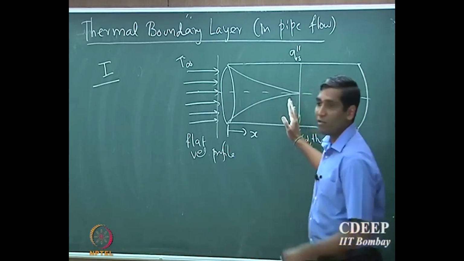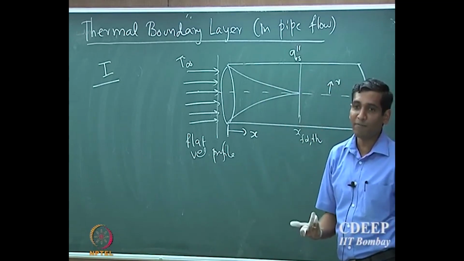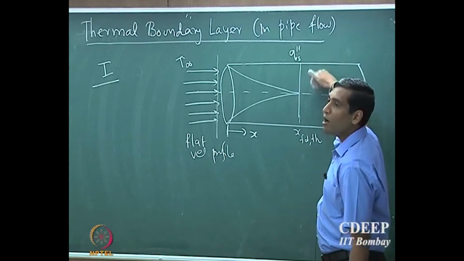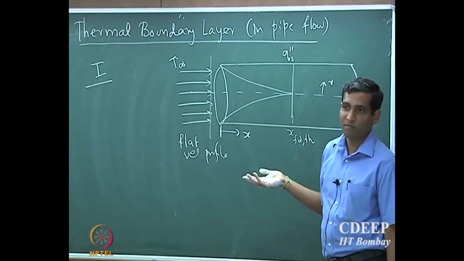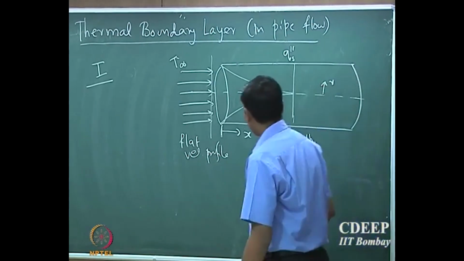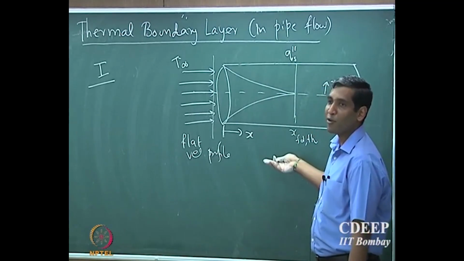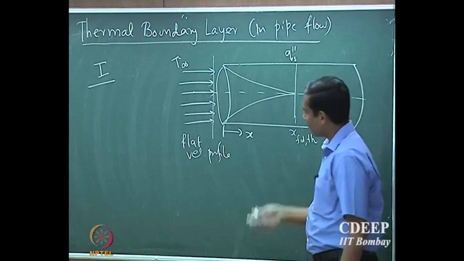So at that location, every fluid particle in the cross section will now experience the presence of heat transport from the wall to the fluid, or vice versa if the temperature of the fluid is hotter than the surroundings. Okay. So now similar to momentum boundary layer, we can define a thermal boundary layer and also a regime for fully developed thermal boundary layer condition.